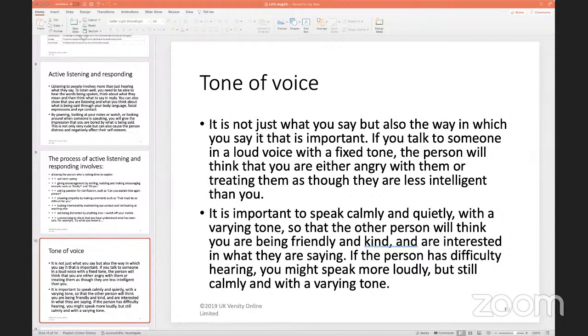to show that you are calm and quiet, and that you are able to understand the individual and their requirements and needs. It promotes a feeling of friendliness between you and the patient receiving the care.